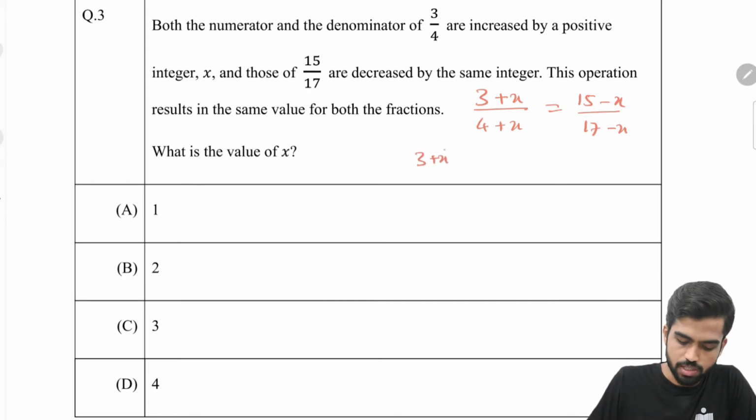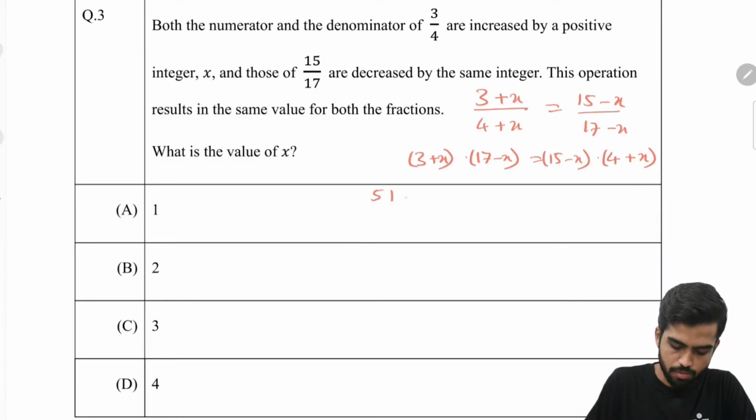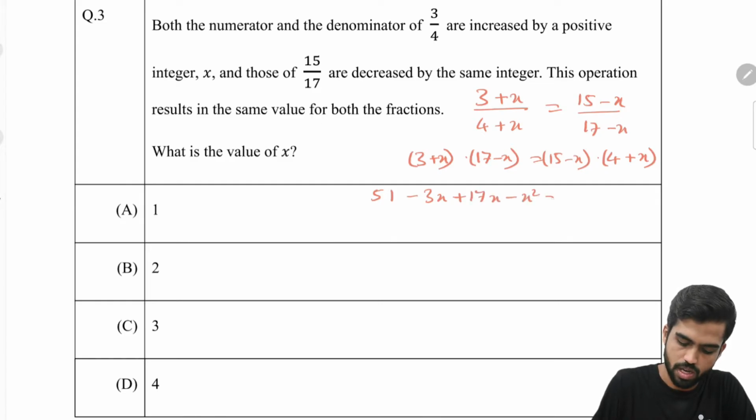So (3 plus x) into (17 minus x) will be (15 minus x) into (4 plus x). So 3 17s are 51 minus 3x plus 17x minus x square is equal to 15 4s are 60 plus 15x minus 4x minus x square.